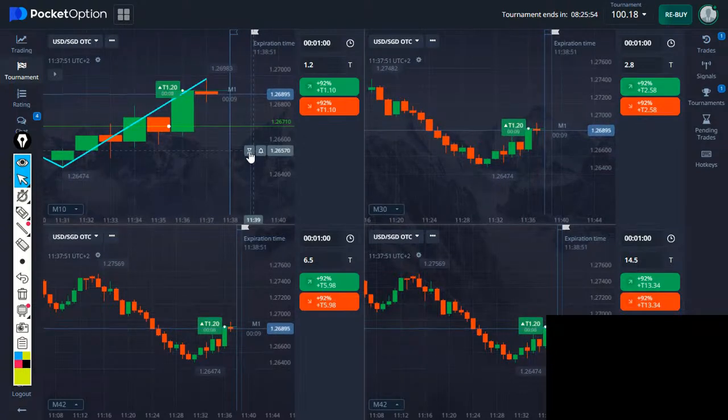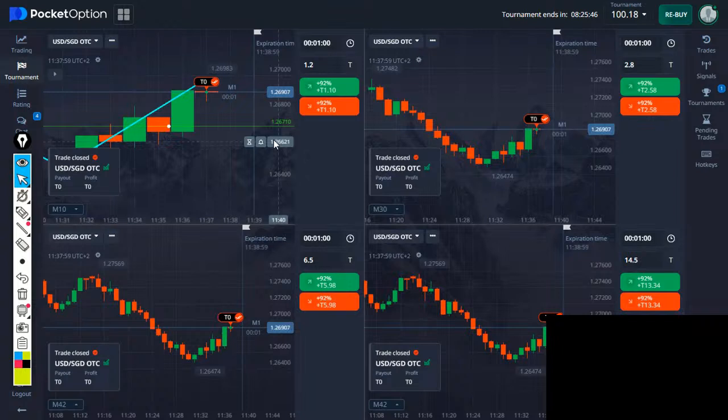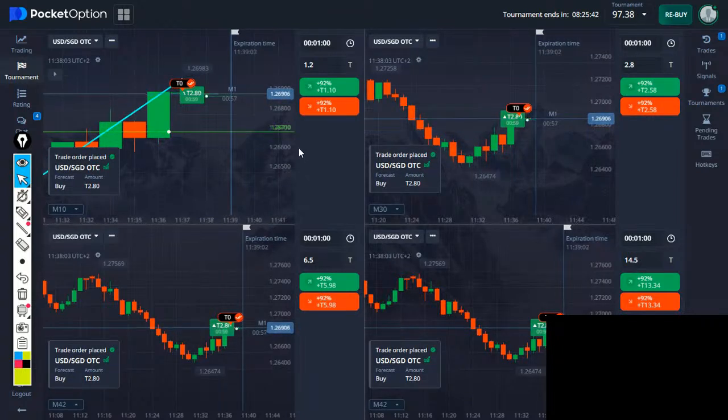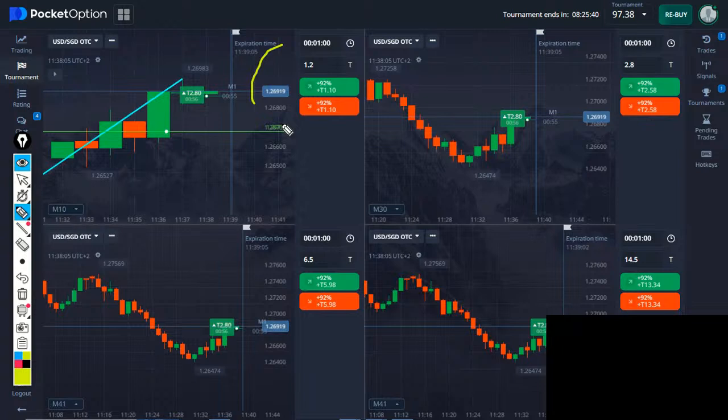It might be a win. Let's see the last few seconds. Beautiful. Oh, come on. 1 point. So we go for a buy on our second. We lost this one. Go for a buy here.